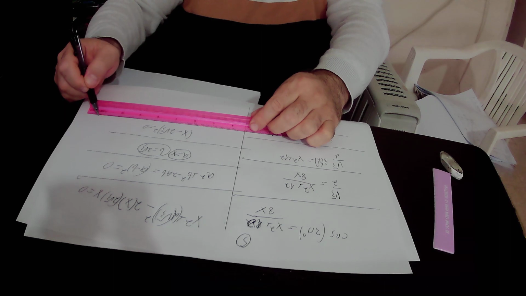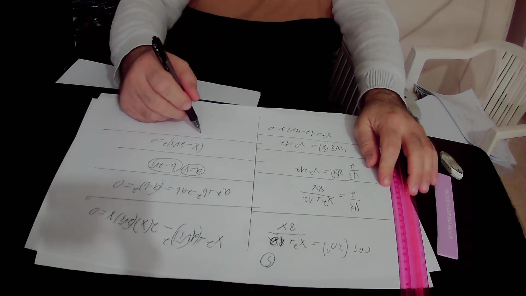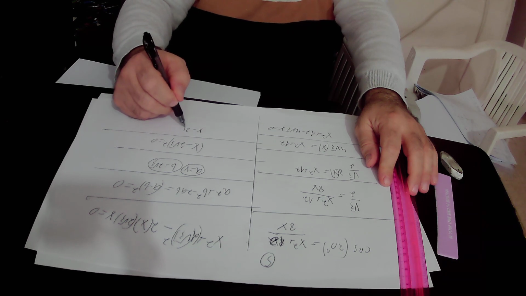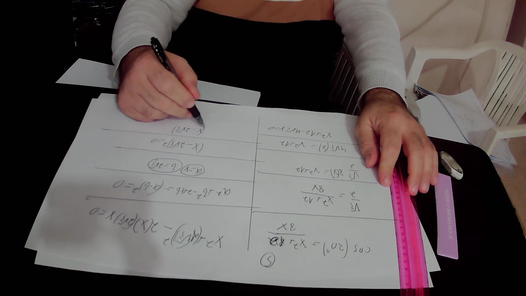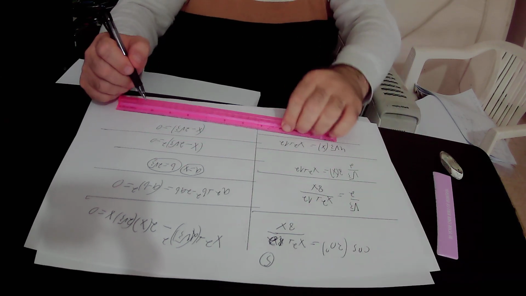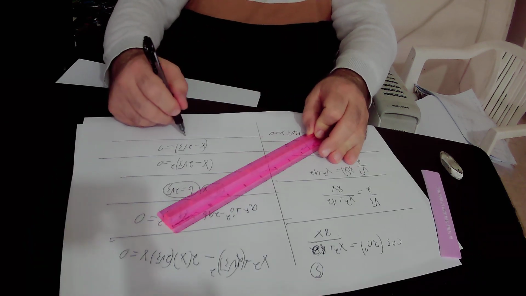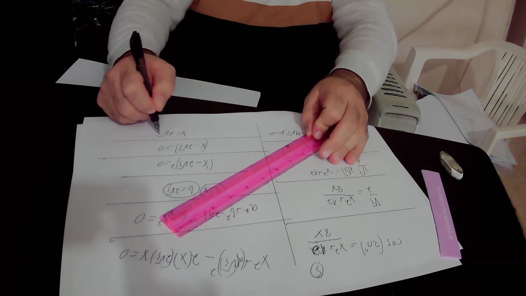Here we will take a root out of this equation, and we will get x minus 2 times square root of 3, the square root of 0 is 0. We will add 2 times square root of 3 to this equation and we will get that x equals 2 times square root of 3 units.